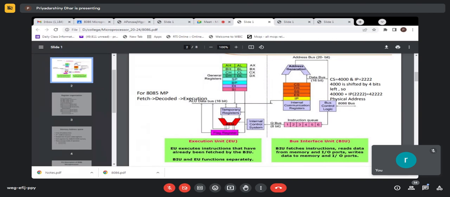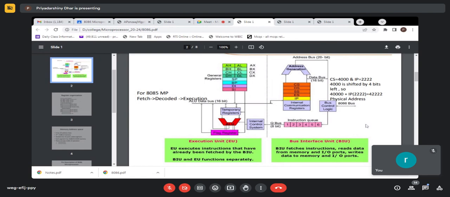We know the 8085 microprocessor has an address bus, data bus and control bus. Through the address bus and data bus, the microprocessor is connected to the memory device as well as the input output device. Here the architecture is divided into two parts. The first part, the bus interface unit, interfaces with the memory device as well as the input output device.